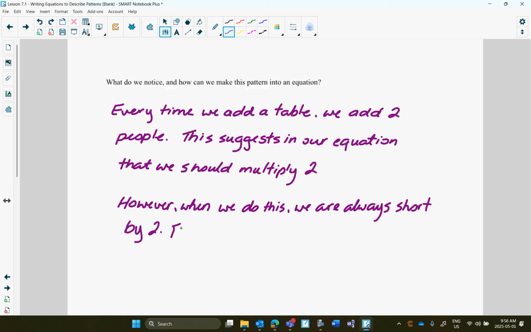This means we should also add 2 in our equation. Okay. So that's how we can develop the equation in a sort of logical manner.